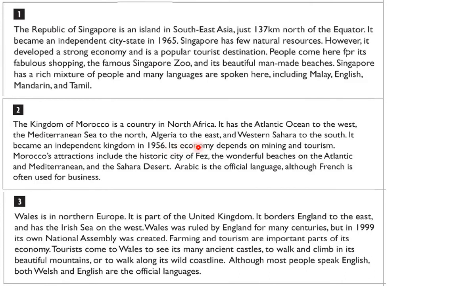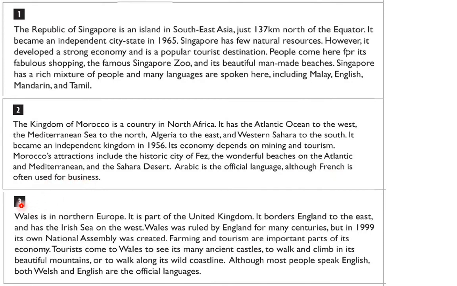Its economy depends on mining, تعدين, and tourism, سياحة. Morocco's attractions include the historic city of Fez, the wonderful beaches on the Atlantic and Mediterranean, and the Sahara Desert. Arabic is the official language, although French is often used for business.